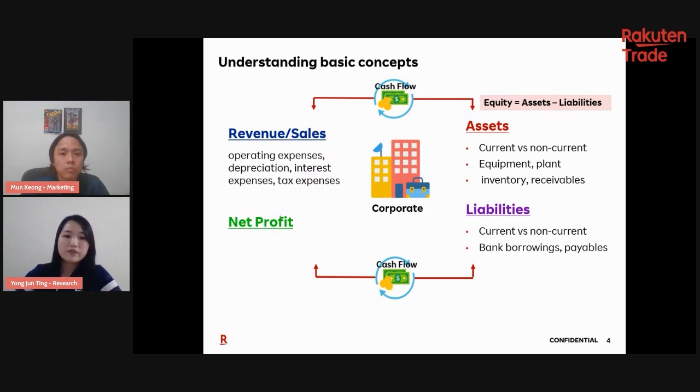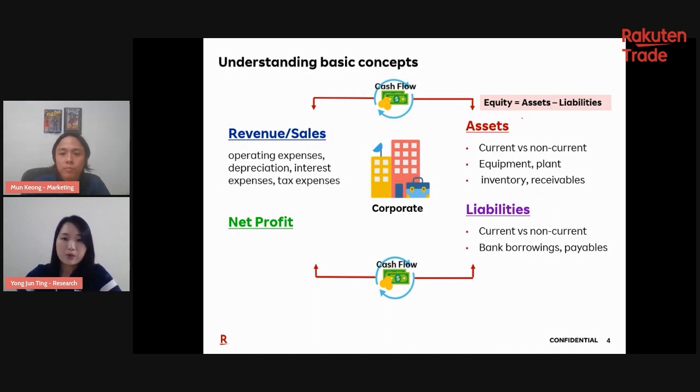Then moving to another segment, which is the assets of a company, like current versus non-current assets, equipment, machinery, properties, customers, inventory, and then liabilities, where you have your bank borrowings and your payables.